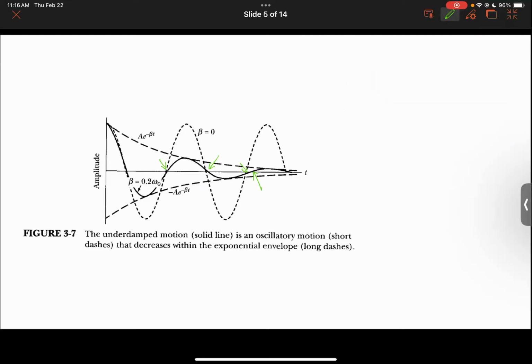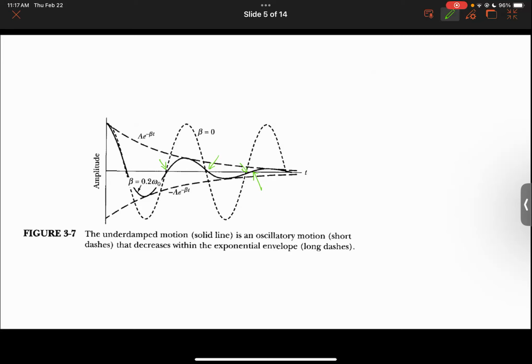Okay, so in other words, pag beta is equal to 0, yung omega naught ninyo is constant, right? Pero pag meron ka ng damping, yung omega naught ninyo, or in this case, some other frequency na makikita natin mamaya, it's actually lower. The time it takes, the period, is actually longer. So the frequency is smaller kumpara sa kung walang damping.